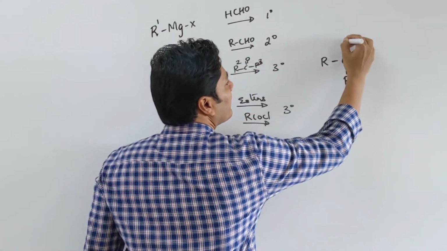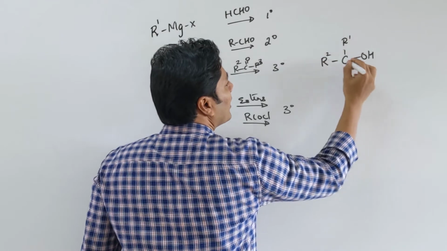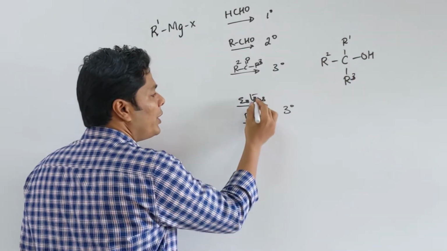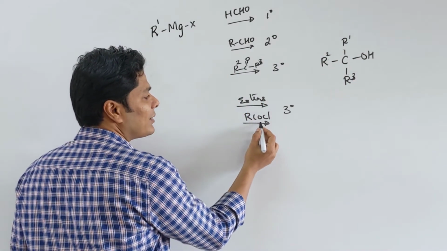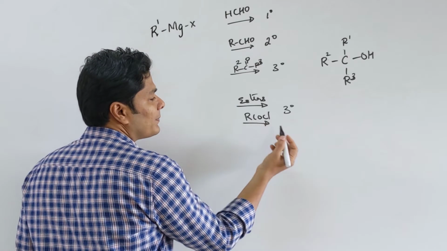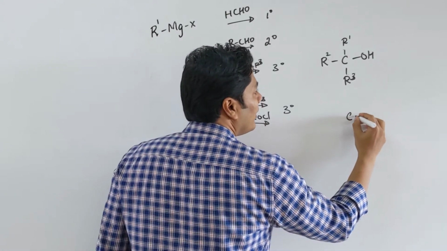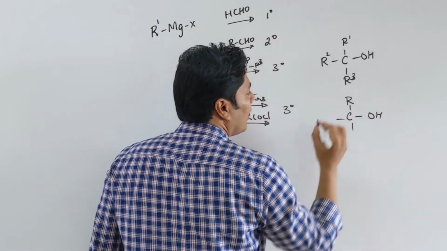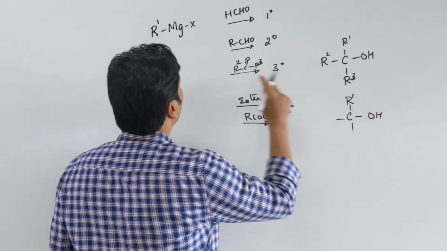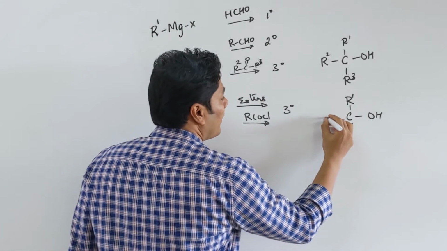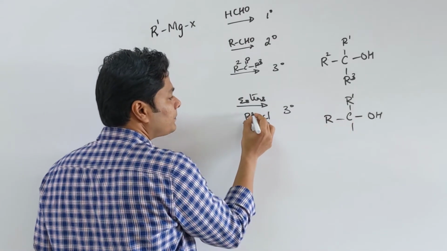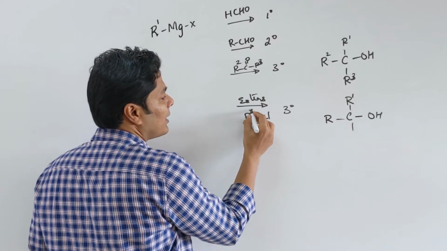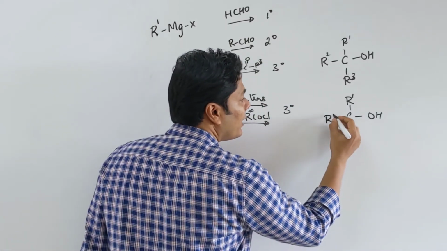So this is going to be R1, R2, R3. When you do your esters and acid chlorides, you are going to have a Grignard's reagent alkyl group R1 over here. Let's label it as R star just to make it different.